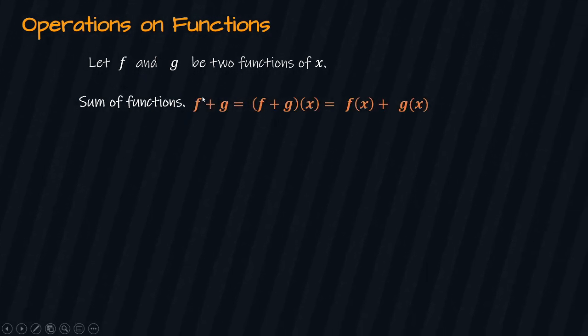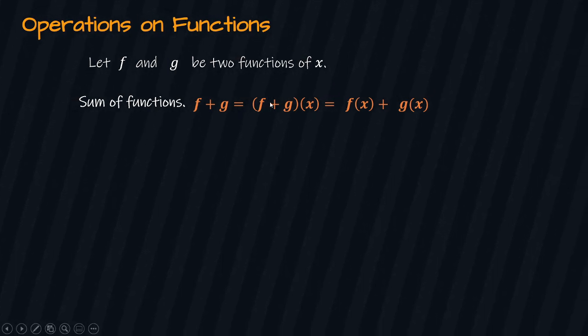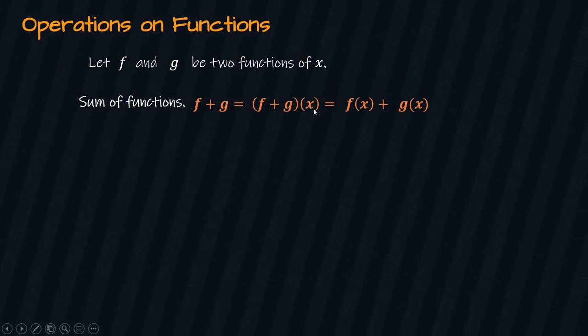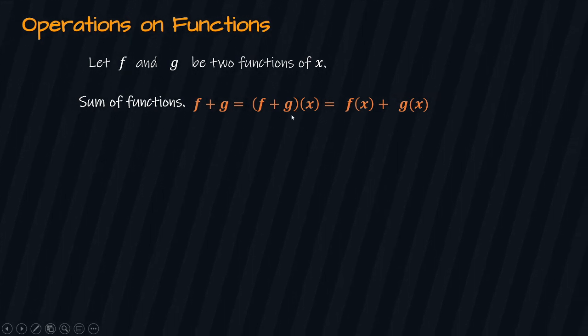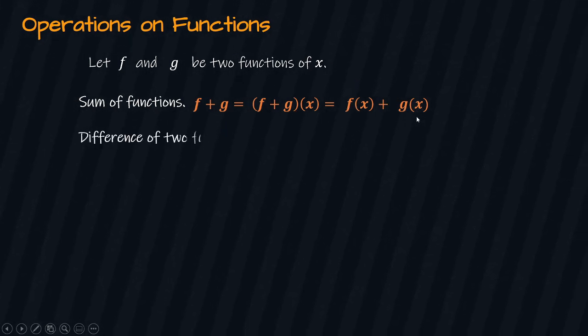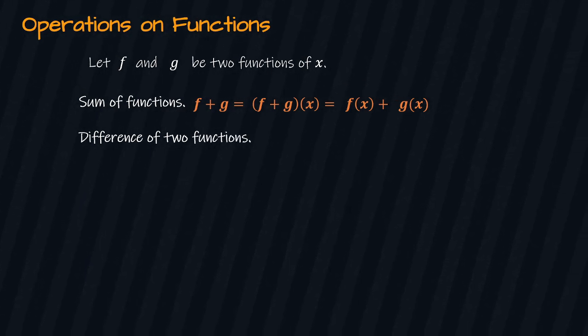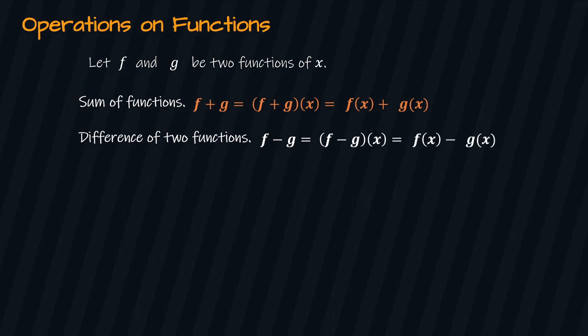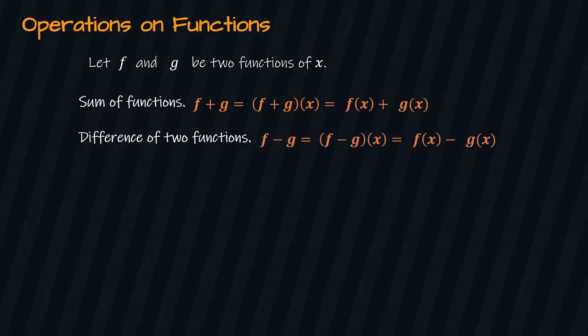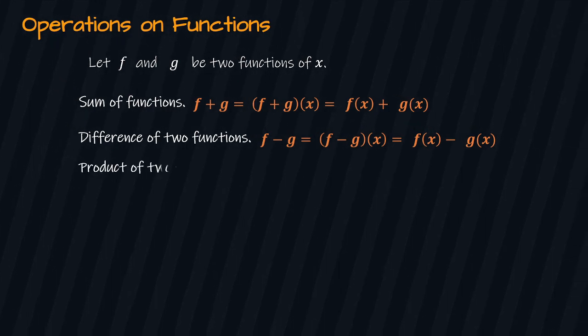For the sum of the functions f plus g, that would be written as (f plus g) of x, which is equal to f of x plus g of x. For the difference of two functions, it is the same as with the sum of the functions.